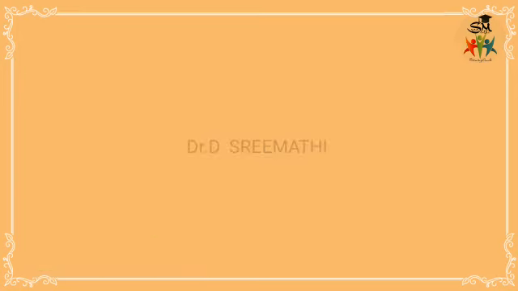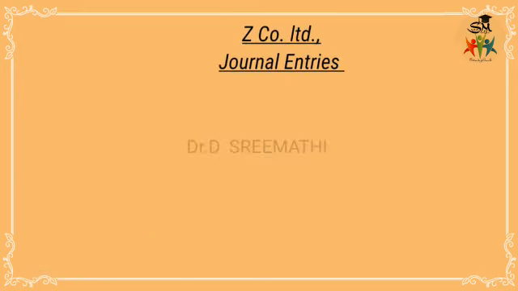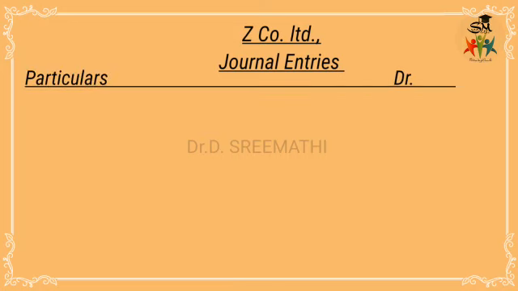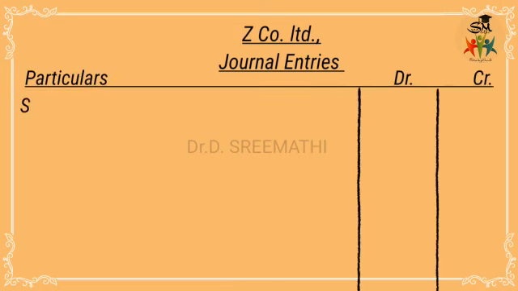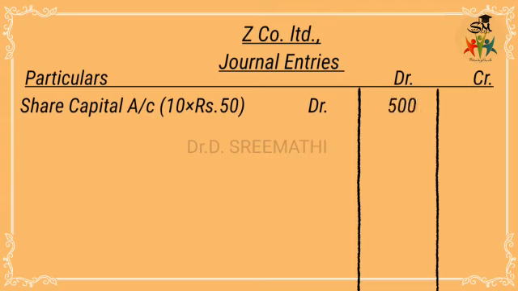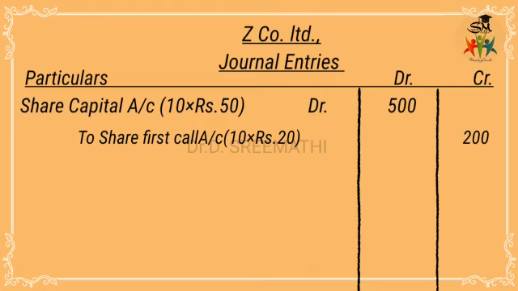You know forfeiture. So let us start with the journal entries in the books of Z Company Limited. Starting with particulars, debit, credit. You have to debit the share capital account for 10 shares of 50 each, so 10 shares multiplied by 50 rupees is 500. Then to share final call, only the unpaid amount: 10 shares multiplied by 20 rupees is 200 rupees.